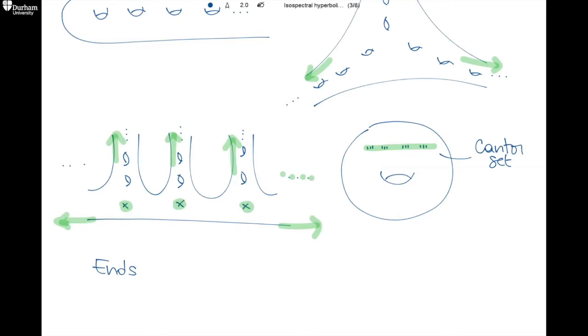I don't want to define them precisely, but they are ways of going to infinity, where going to infinity means leaving every compact.